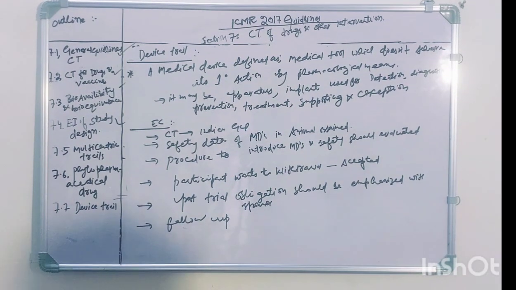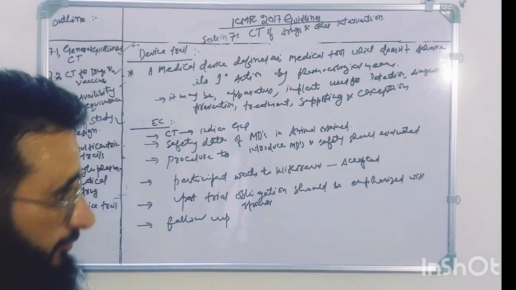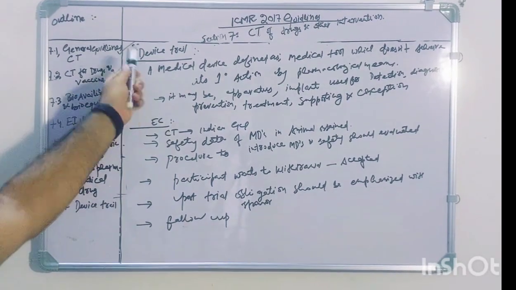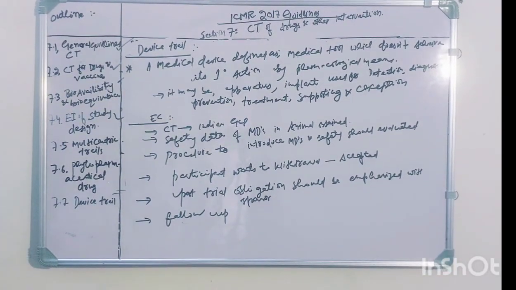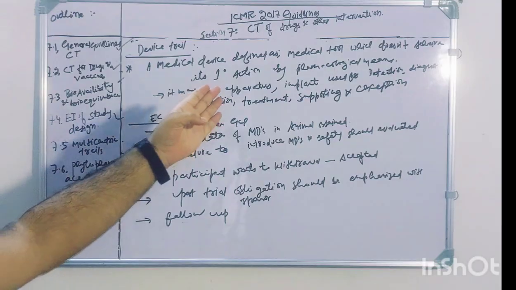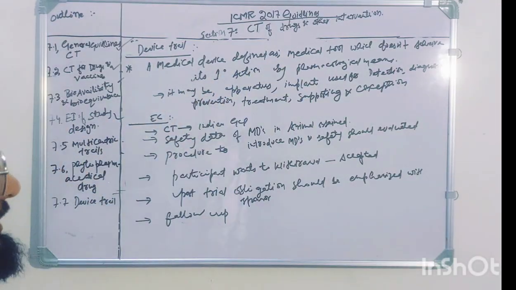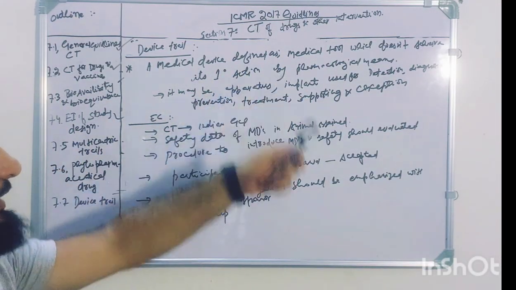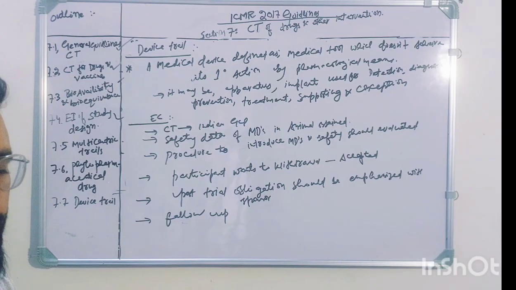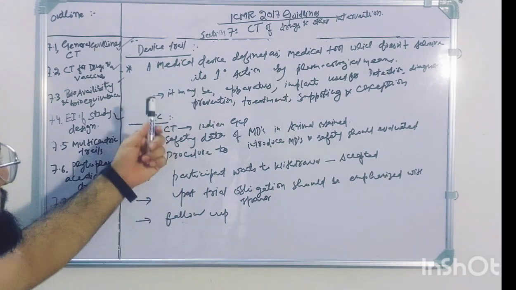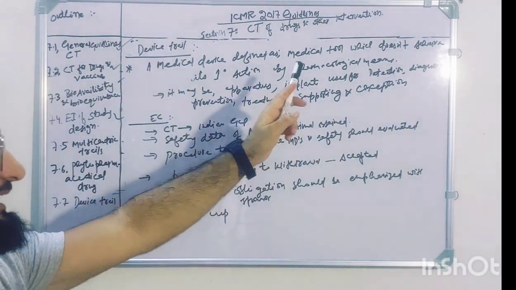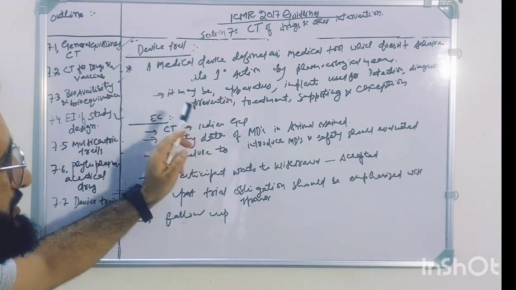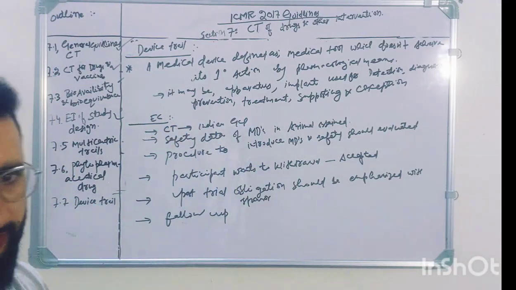Next, they have discussed device trials. Here they have defined a medical device as a medical tool which does not achieve its primary action by pharmacological means or by any means like metabolic actions. This medical device can be an apparatus or implant used for detection, diagnosis, prevention, treatment, and so on.